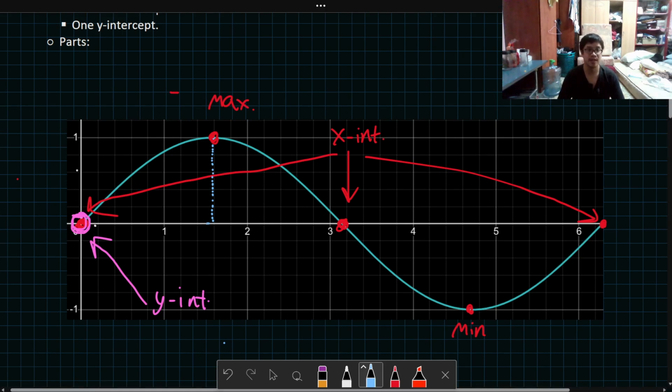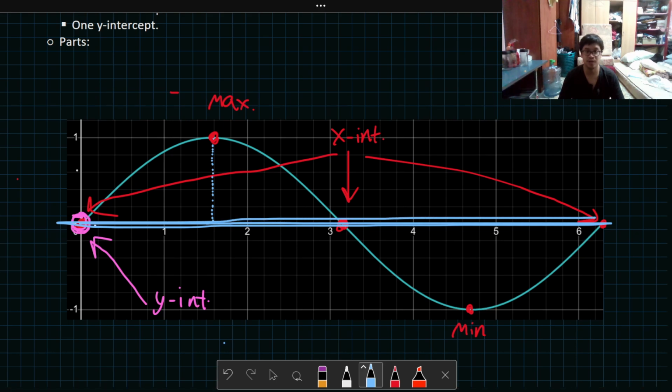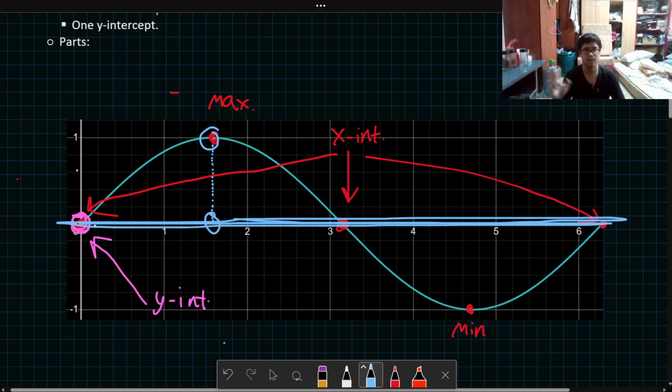You see this blue line that I just drew here? This is the middle part of the graph. Now, let's say you want to know the distance between the maximum, sorry, from the maximum to the middle part of the graph.